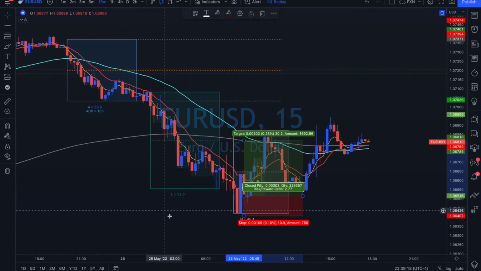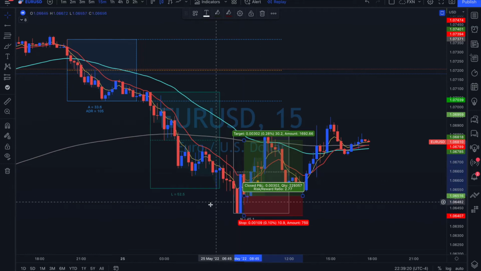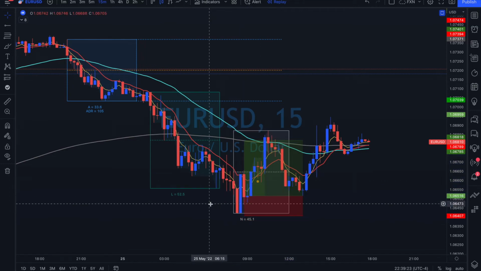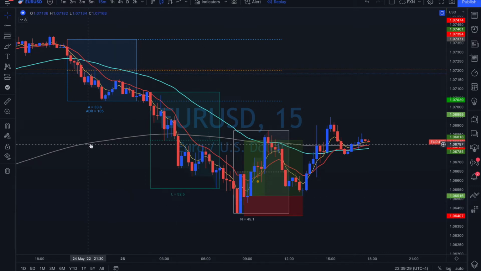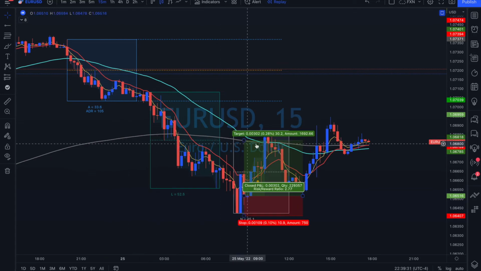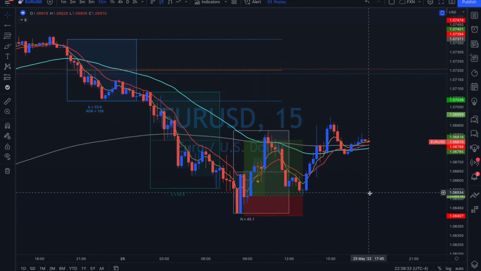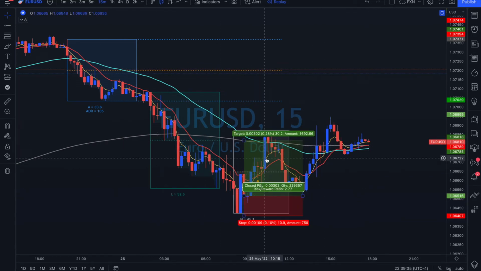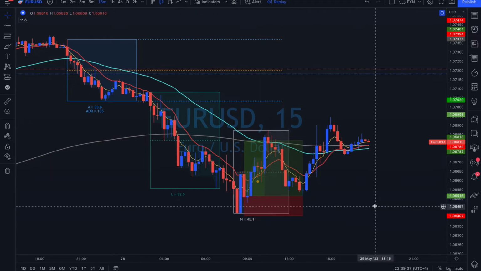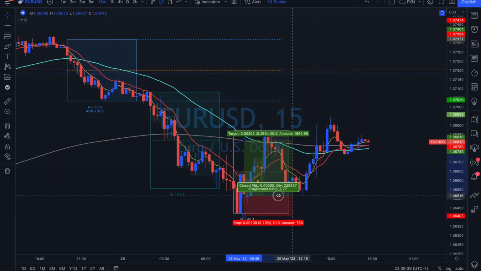Because of that pullback candle, it makes this trade a viable trade for us, because if we just go up and use the EMAs that are in our favor, which in this case is the 200 and the 50, you can see that we can get well over a 2-to-1 risk to reward ratio on this particular trade.